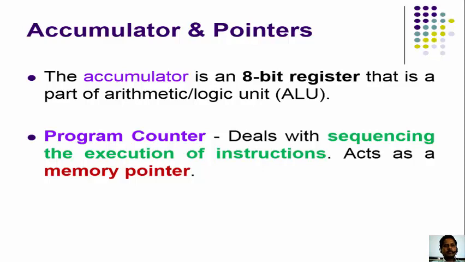So instruction-wise fetching of the opcode in coordination with the program counter. As the name suggests, program counter, so counting kind of operation with the help of this 16-bit program counter special purpose register. That's why it is also known as the memory pointer.